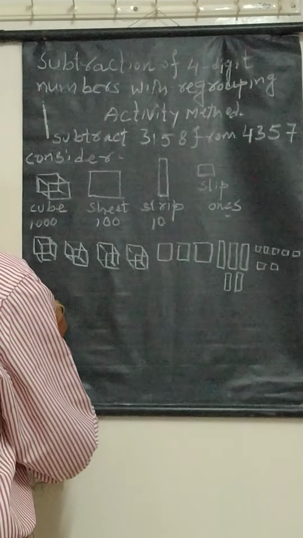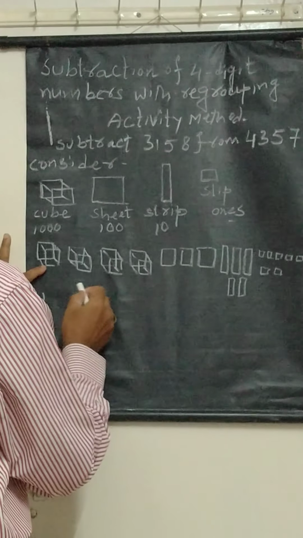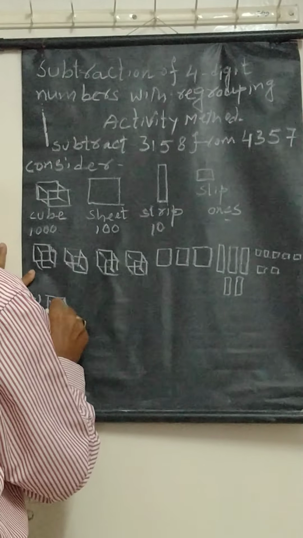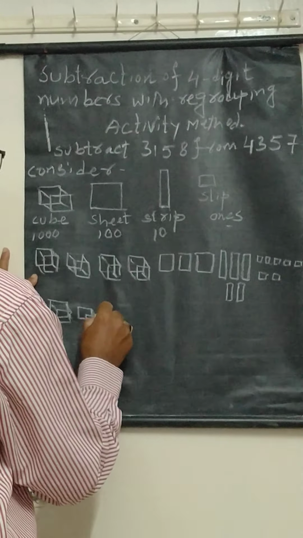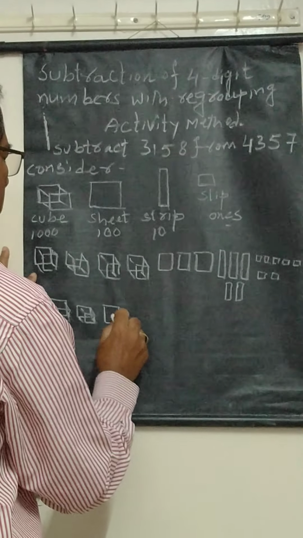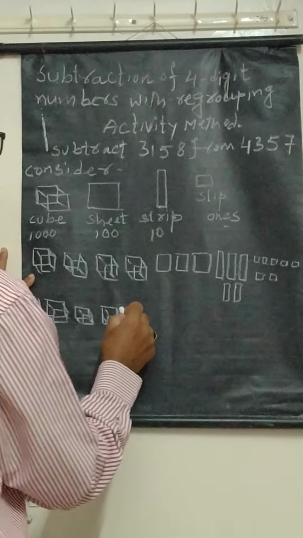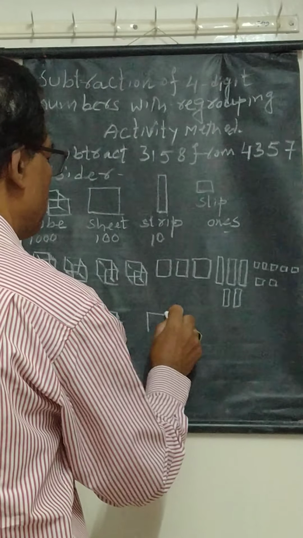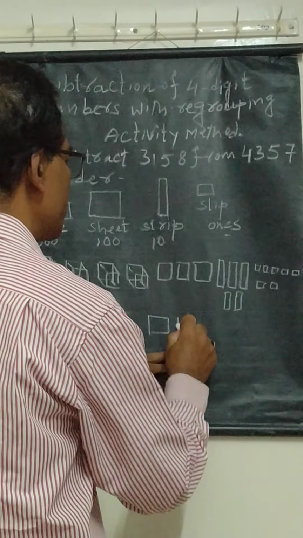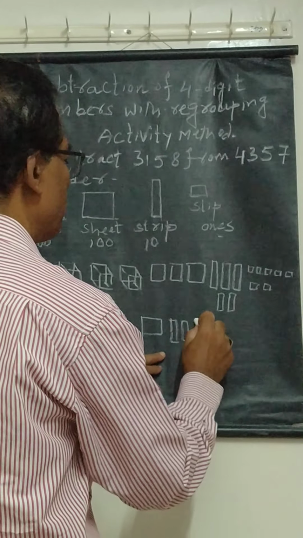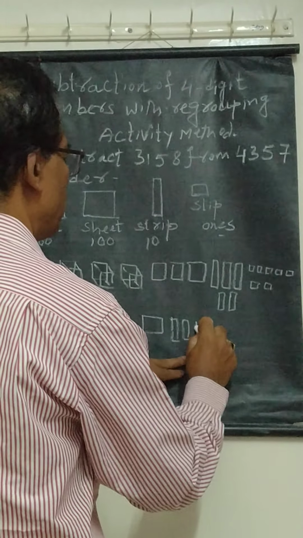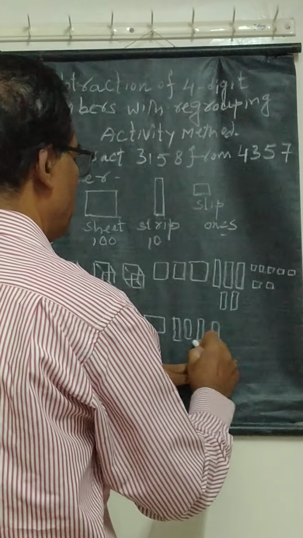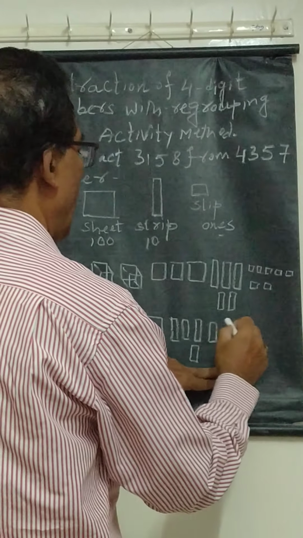Minus 3 cubes, one sheet, 5 strips, and 8 slips.